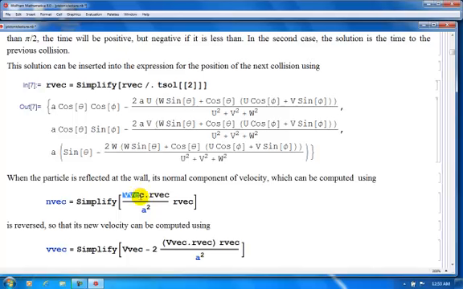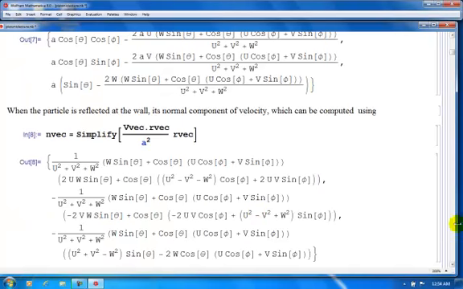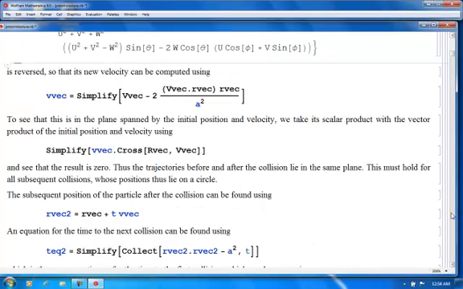It's the scalar product of the initial velocity with the position vector, times the position vector, divided by the square of the length of the position vector. So we get this, and this is therefore a vector perpendicular to the sphere at the point of collision.